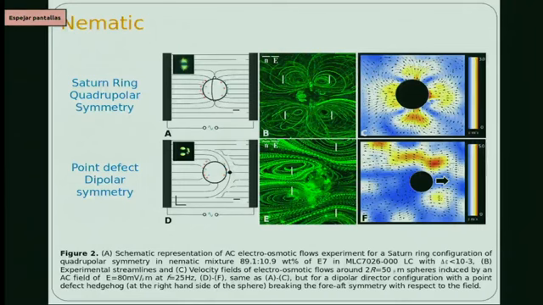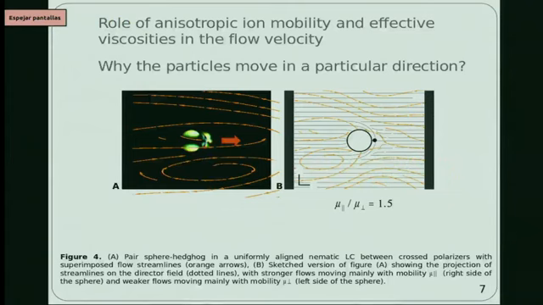This is fine, but now the question is why the particle moves in this particular direction. Can we reverse the direction of this motion? For that, the images here are kind of shifted, but the main idea is to superimpose the flows with the polarized image of the particle, and at the same time superimpose the flows with the projection of the molecules, or the director field, around the particle.